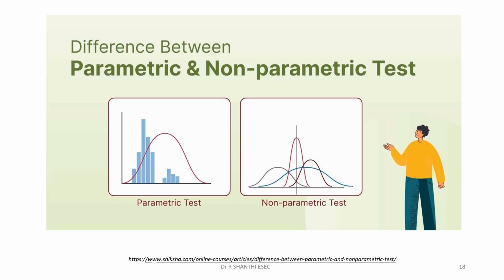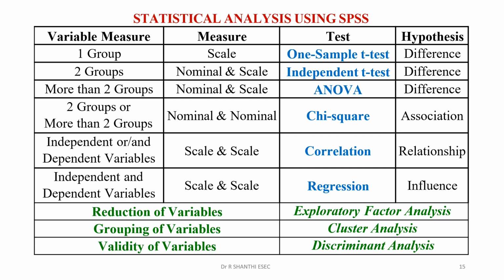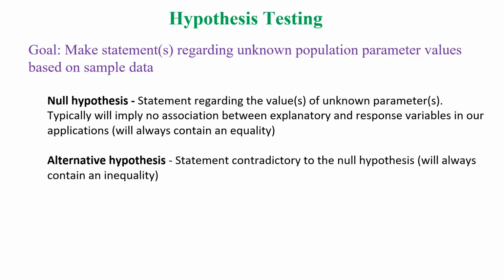In case of parametric, we will go for ANOVA, chi-square, correlation, regression, all these things. About the details of which test should be used for what measure and how we need to frame the hypothesis, which term we should use to frame a hypothesis.